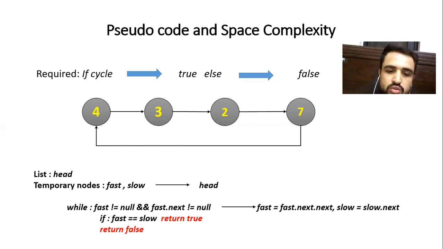If fast equals slow, then return true. It means there is a cycle in that linked list. Otherwise, return false. If the condition for fast becomes false, it will come out of the while loop and return false.